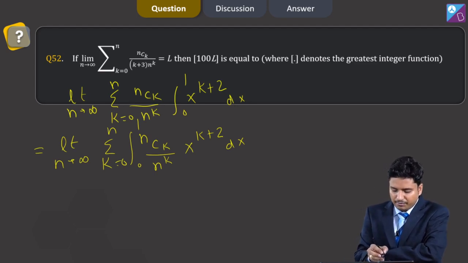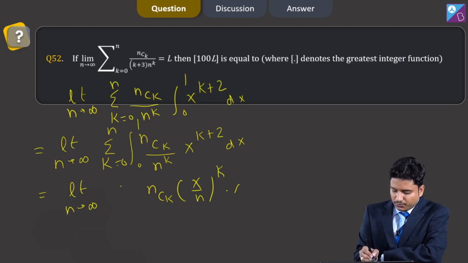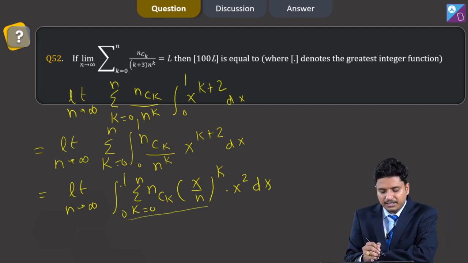If we take the summation inside, limit n tending to infinity, nCk (x by n) whole raised to power k into x square will be present dx, and the summation is from k equal to 0 to n, and 0 to 1. This part can be written as (1 plus x by n) raised to power n, and this is x square.